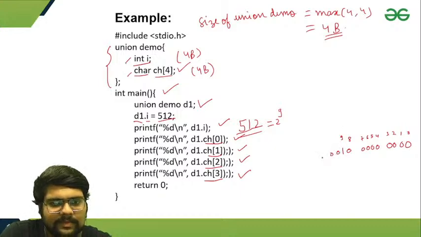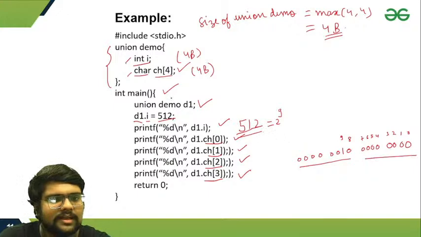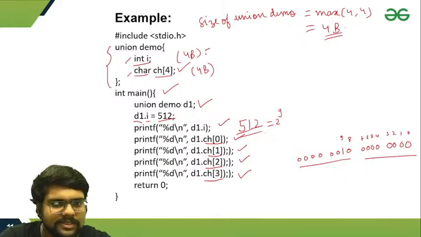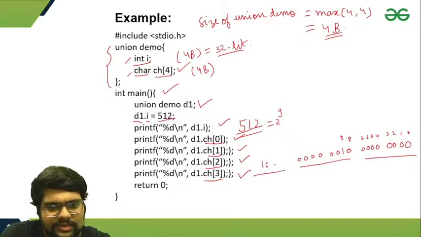This is the 16-bit representation of 512. But an integer is represented by 4 bytes, so it will be a 32-bit representation. So we have 16 more zeros here.